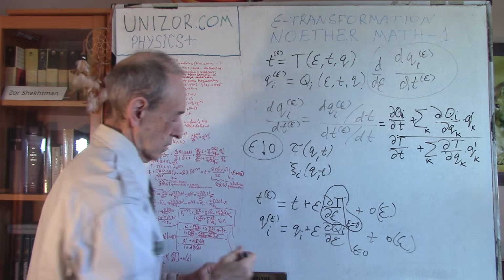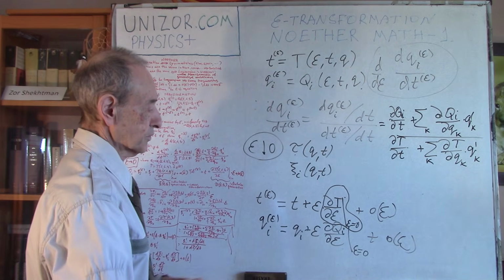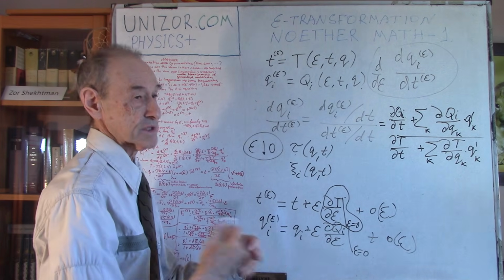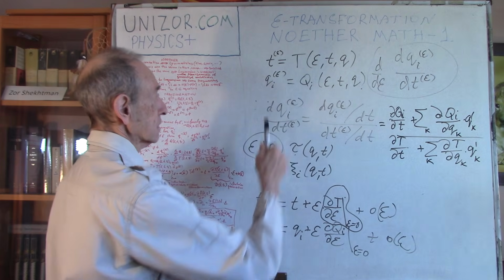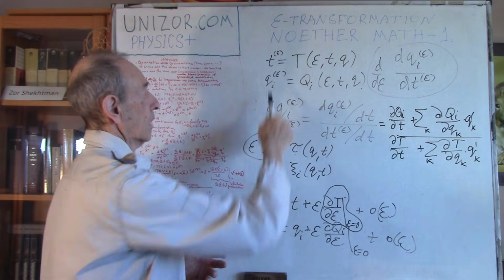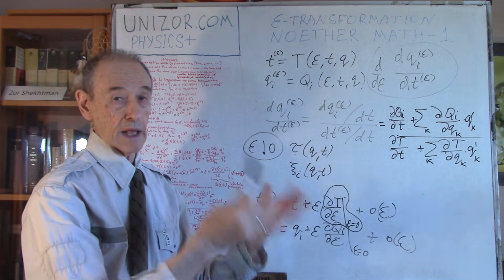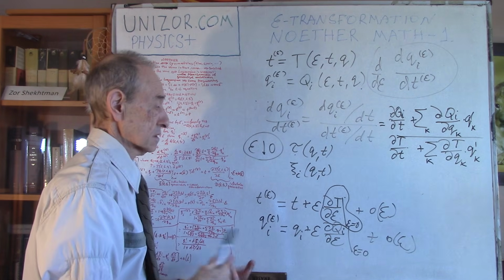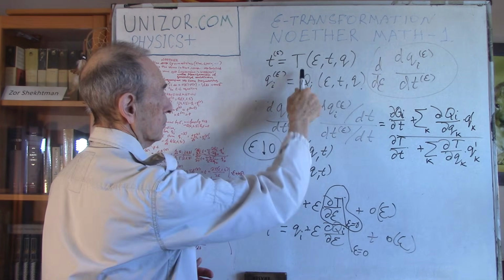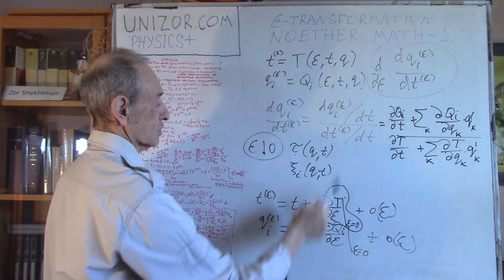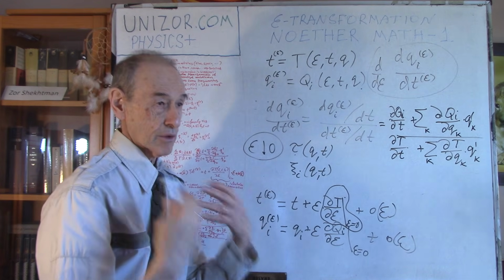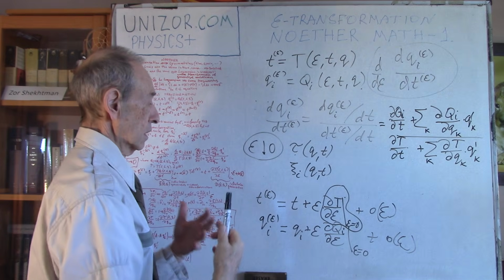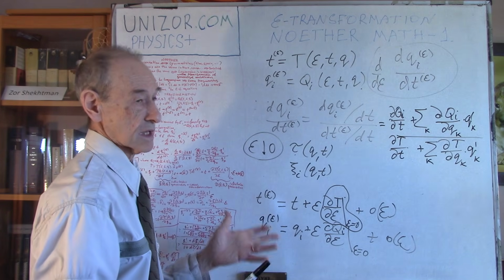That's the speed or rate of change of coordinates as epsilon is changing. Because if epsilon is changing a little bit, my time can change a lot or a little. So basically, the partial derivative of this function is the rate of change of time with this particular transformation.